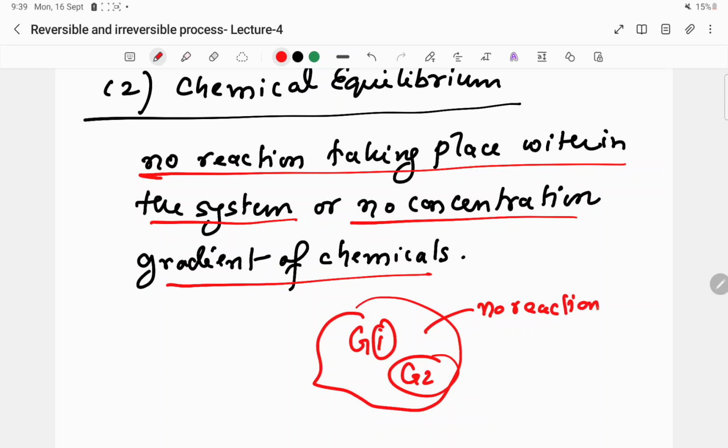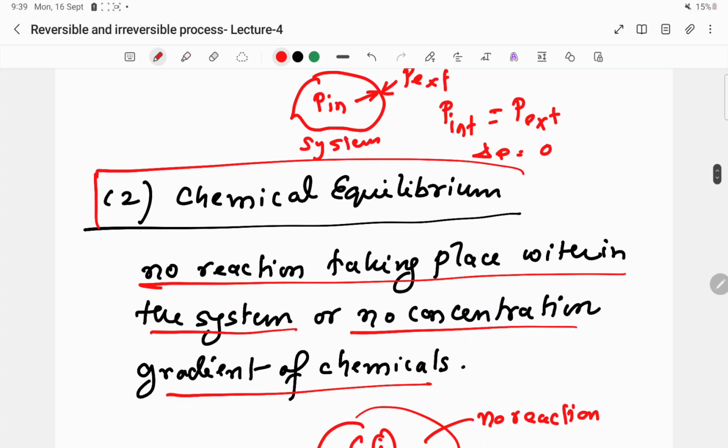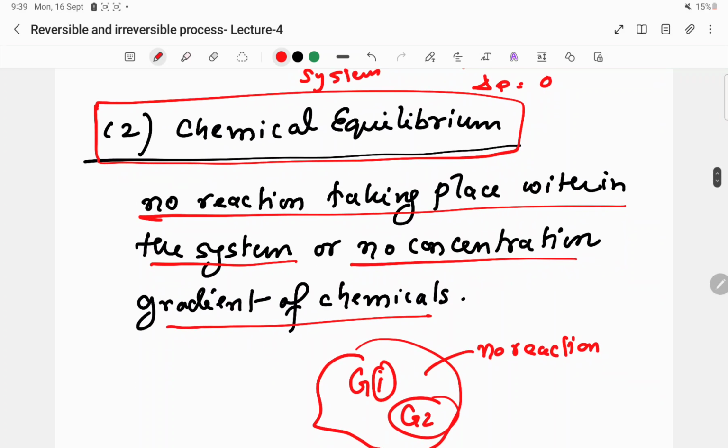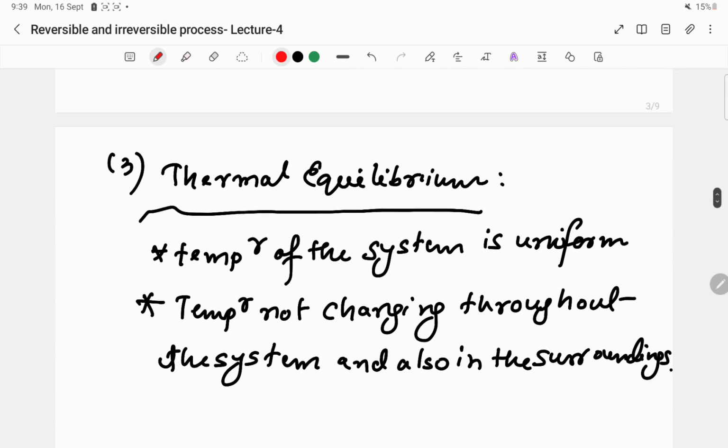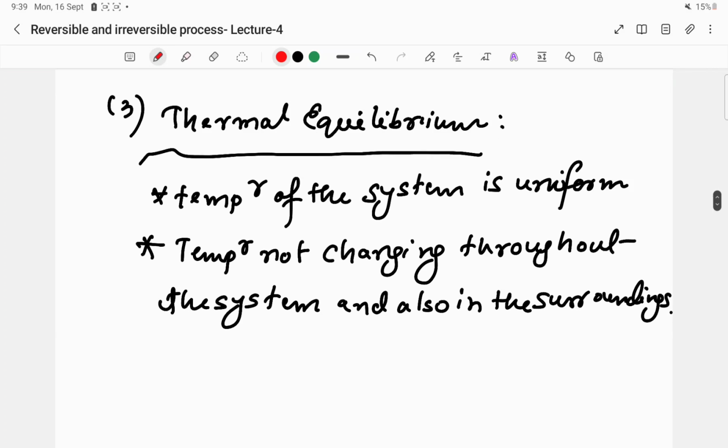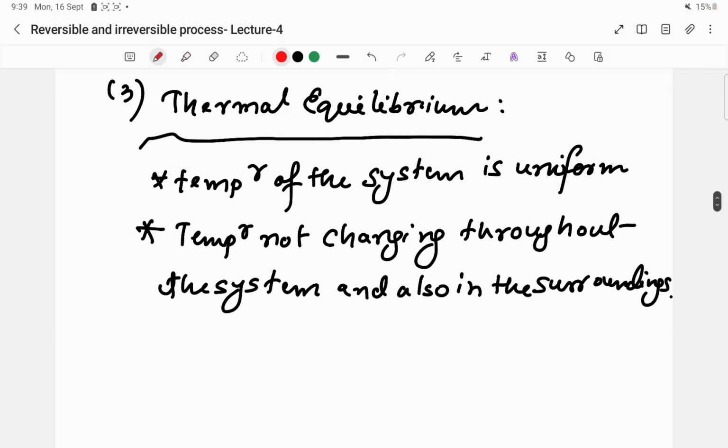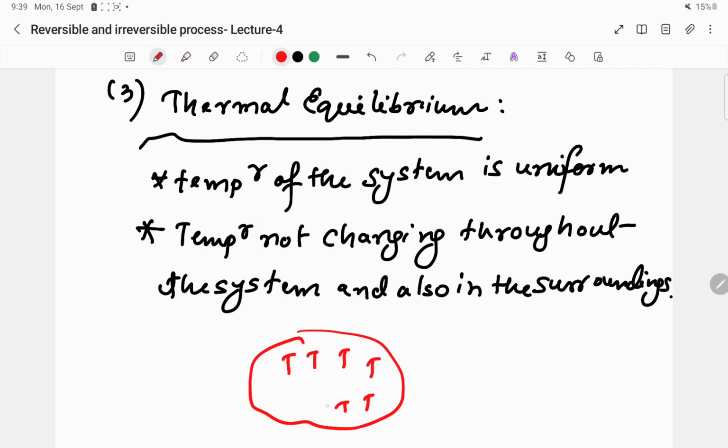When there is no chemical reaction going on in the system between the chemicals or the gases, then it is said to be in chemical equilibrium, the second condition of thermodynamic equilibrium. And the last one is the thermal equilibrium. So see the temperature, let's say this is the system and there is uniform temperature, let's say T, all throughout the system.